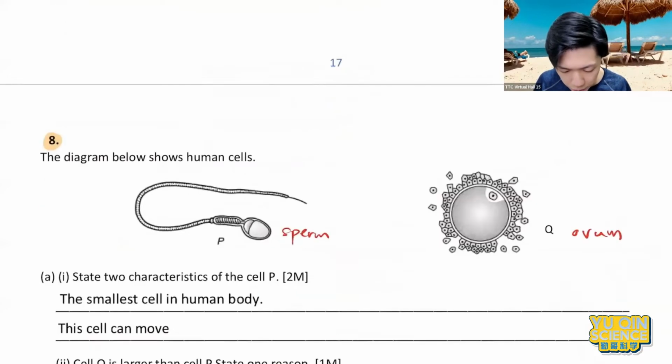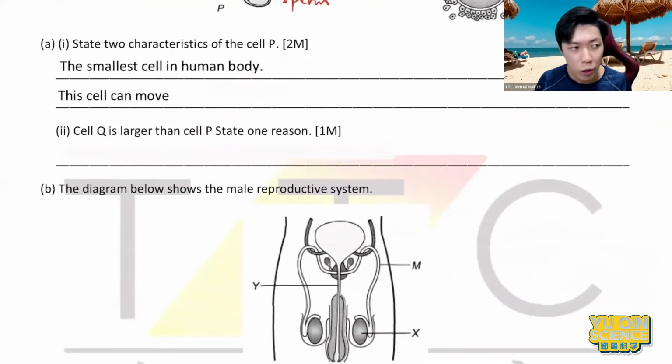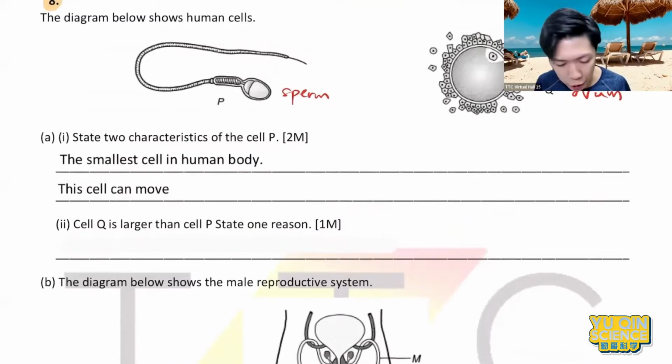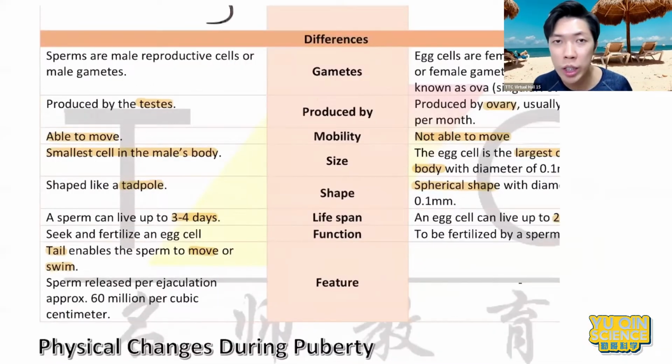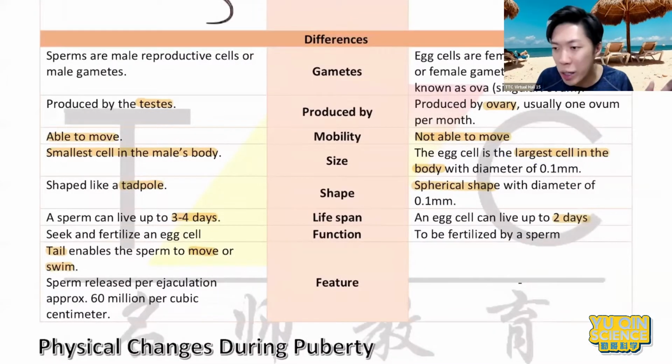Next question. Cell Q is larger than cell P. State the reason. Cell Q, ovum, is larger. In fact, ovum is the largest cell in the human body. But why is it so big? Ovum is meant to stay there and wait for the sperm.